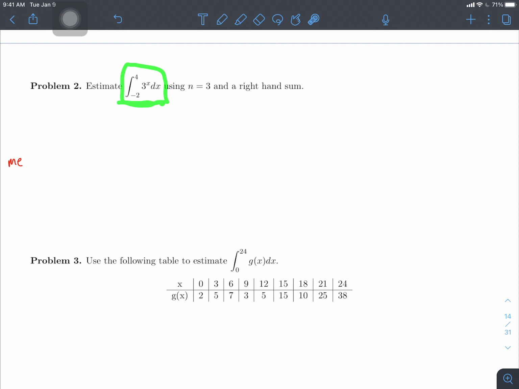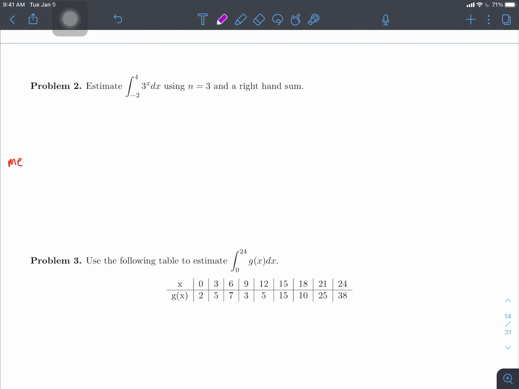But we didn't tell you how to actually find out what that area is, other than by approximating it using Riemann sums. Later on, we're going to learn some more sophisticated techniques which are going to allow us to find out what this number is exactly. But for now, we're relegated to estimating via Riemann sums.